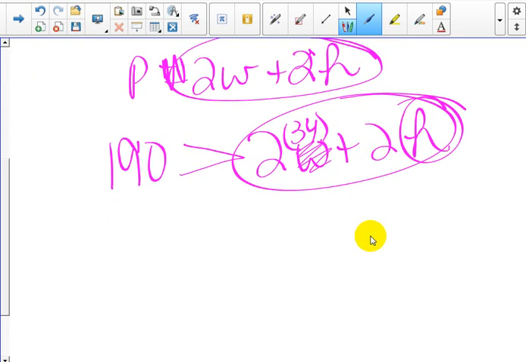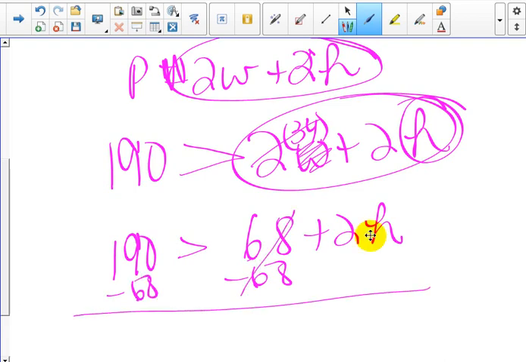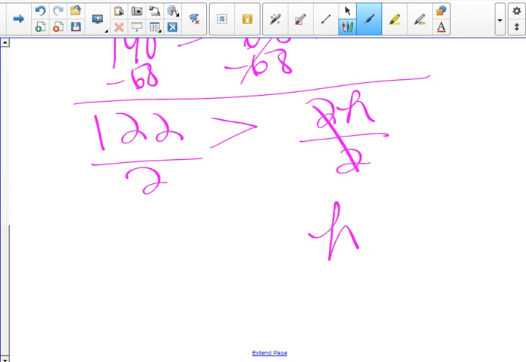So now let's simplify. 190 must be greater than 68 plus 2H. Now subtract 68 from each side, and you get that 2H is less than 122. Now divide each side by 2, and you get that H is less than 61 inches.